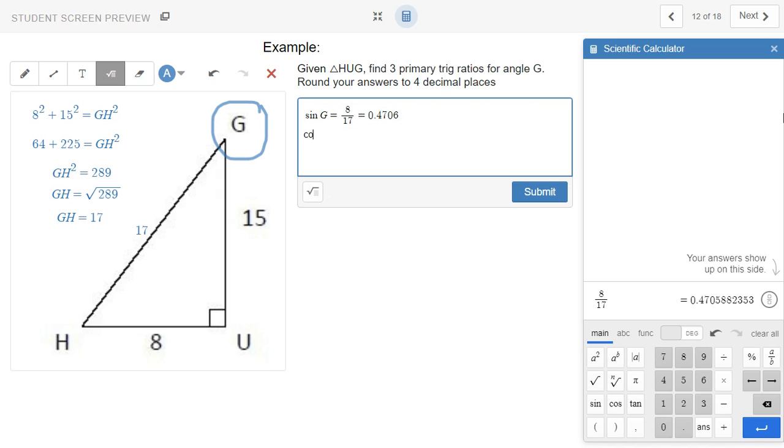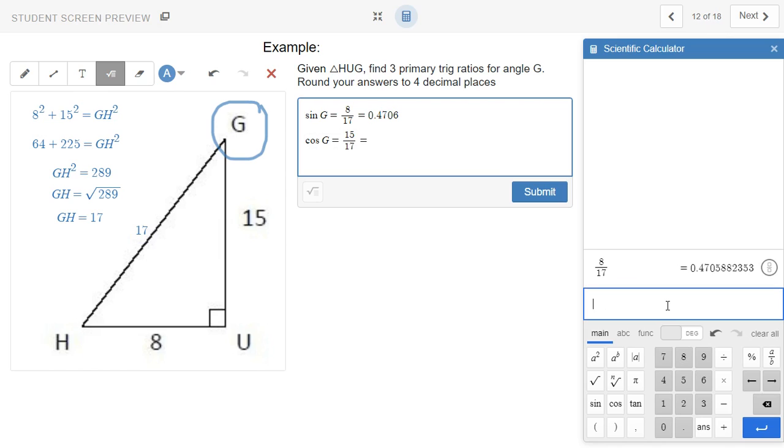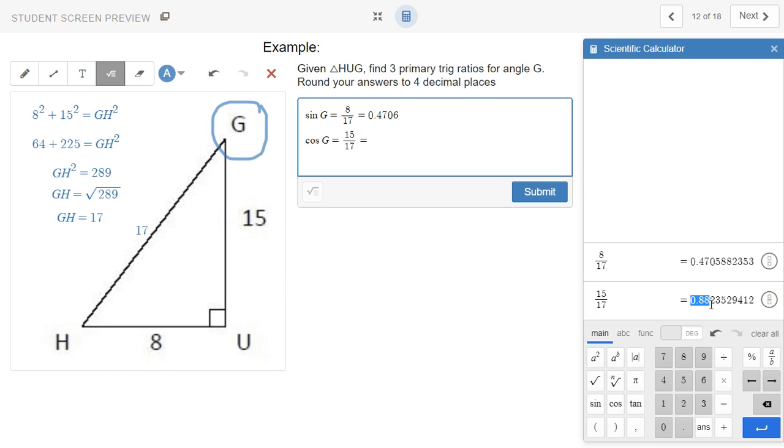Next one, cosine G. Cosine is equal to adjacent over hypotenuse. So we have 15 over 17. Let's type this into our calculator, and we have 0.8823, and the digit afterwards is a 5.